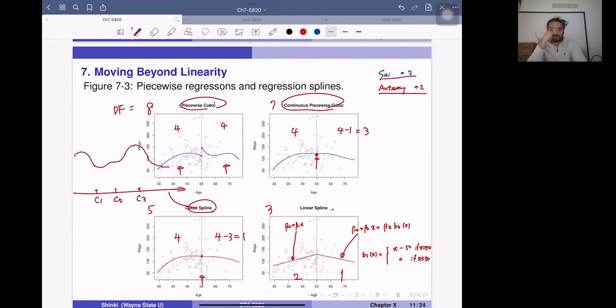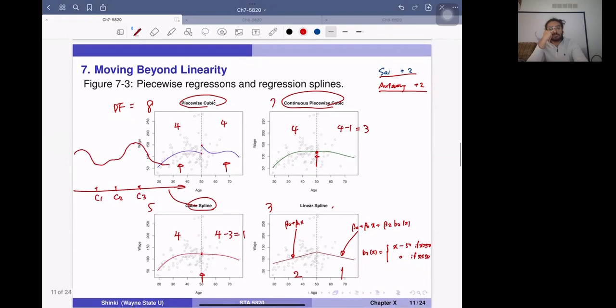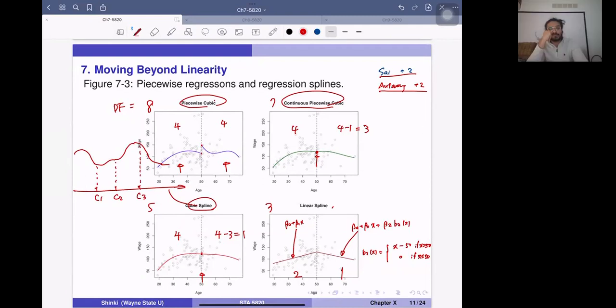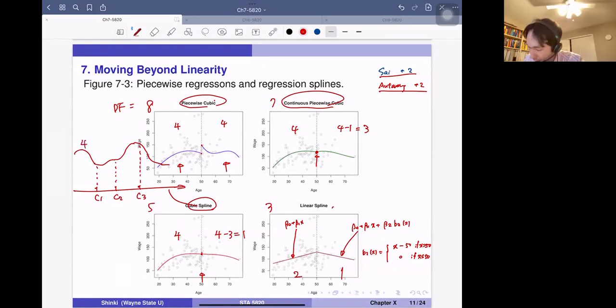Like this. Is it 6? No. We have 4 parameters here. 1 additional, 1 additional, 1 additional, so 7.